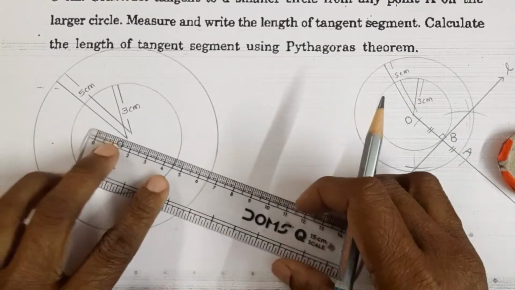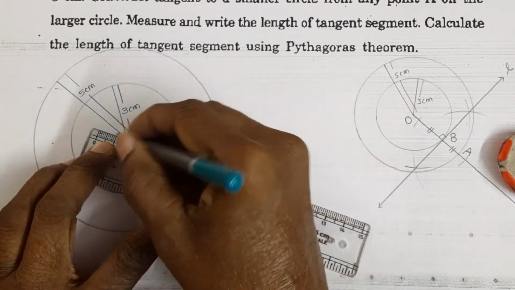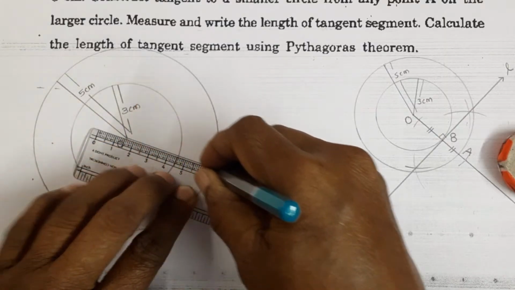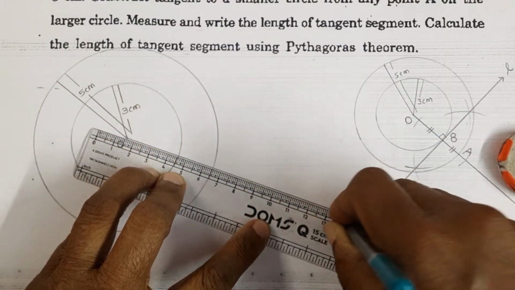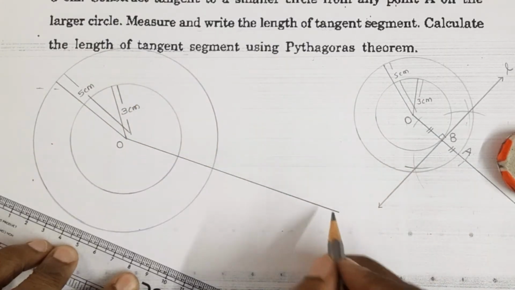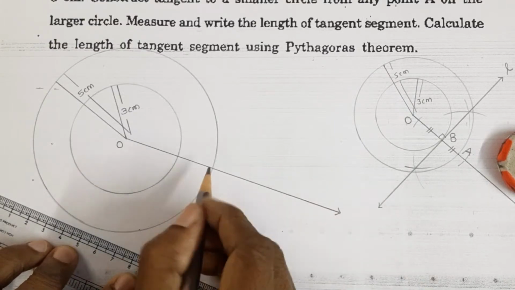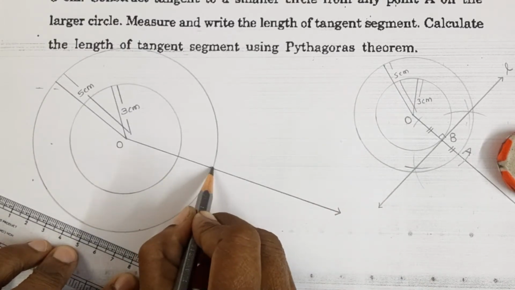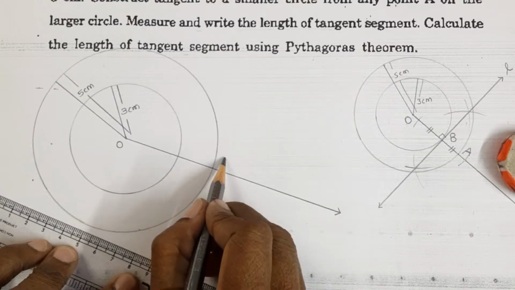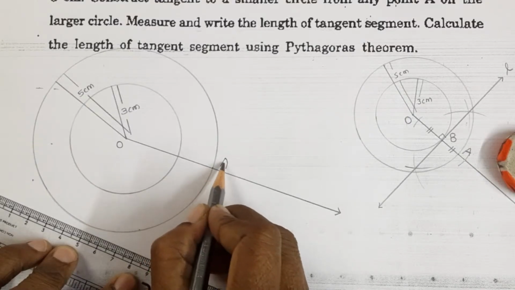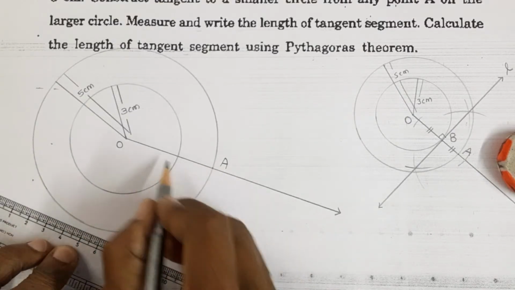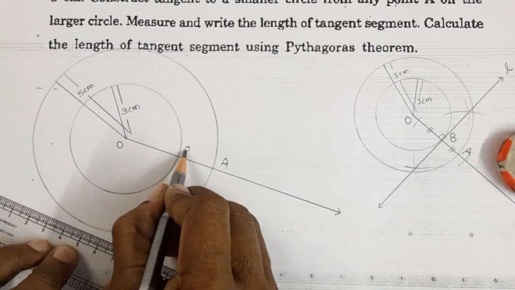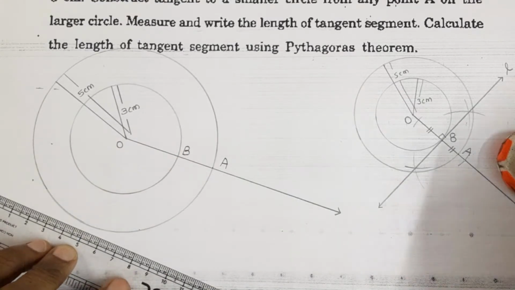So draw here, first draw the ray from O, and then this point is nothing but the A. This point is nothing but the A, and take this point as B. Okay, students, take this point as B.